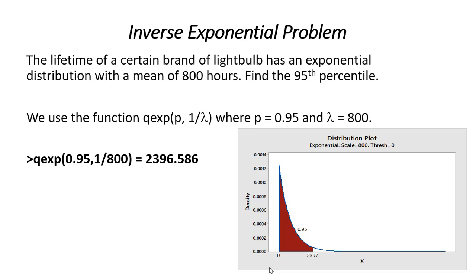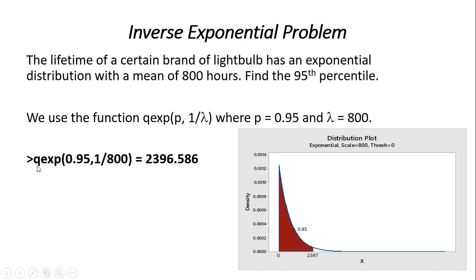Sticking with this same random variable, x gives you the life length of a light bulb. Again, suppose that the light bulb has an exponential distribution with mean of 800, but now we change the question up. Let's say we wanted the 95th percentile. So I wanted a certain value that I know the light bulb would last that amount or less with probability 0.95.